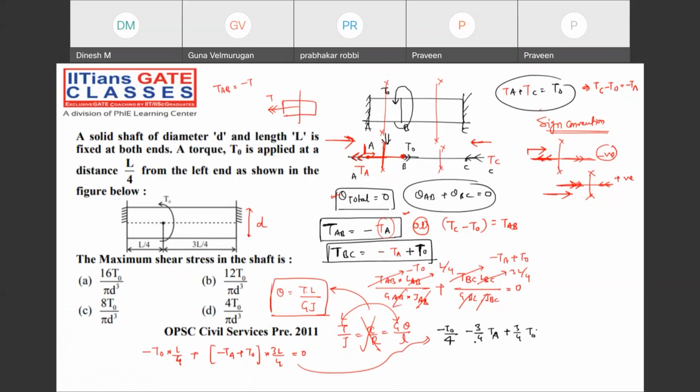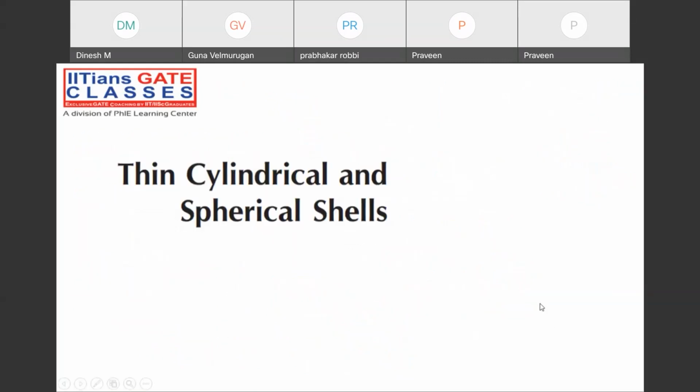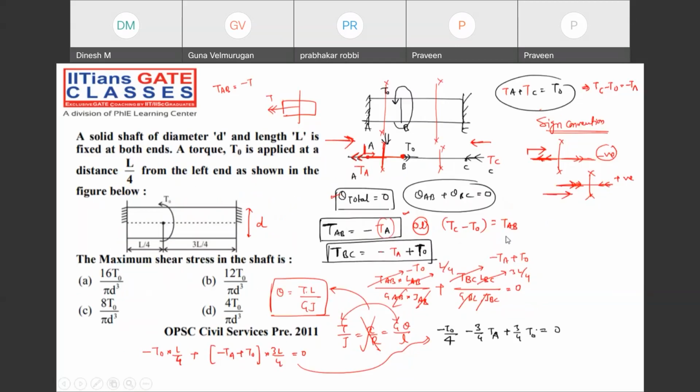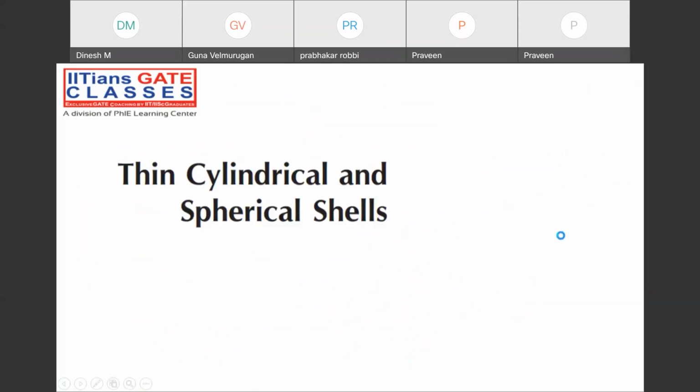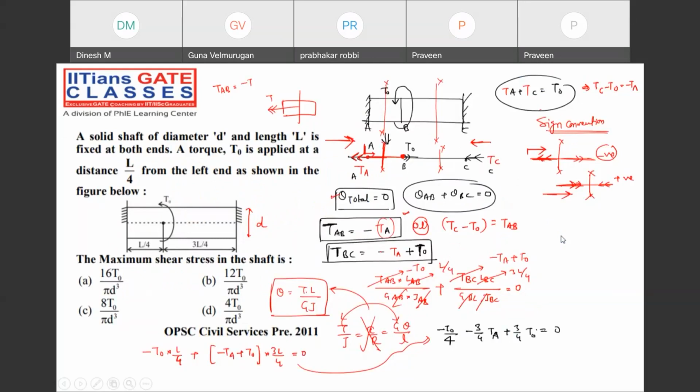Just tell me the TA value in terms of T naught.